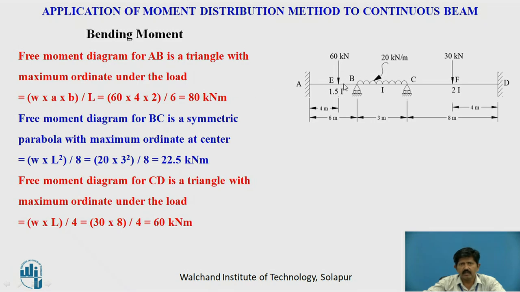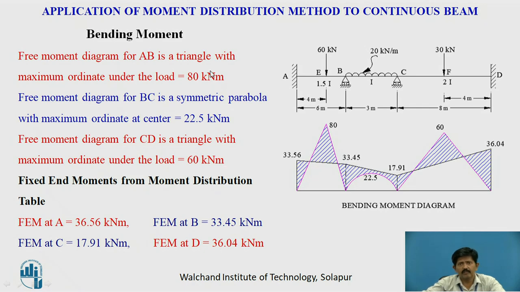So, this will be considering the simple support, that is WAB by L, that is giving 80 kilonewton meter, and for this the free bending moment is WL square by 8, that is 22.5, whereas for this span CD it is WL by 4, that is 60 kilonewton meter.